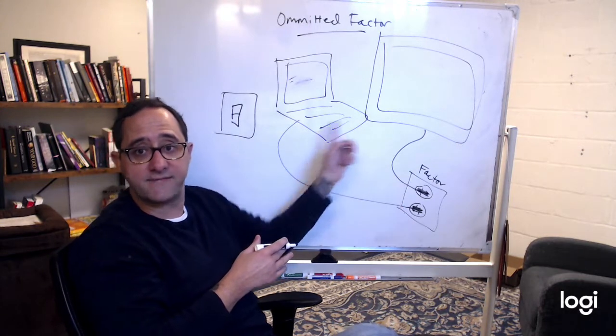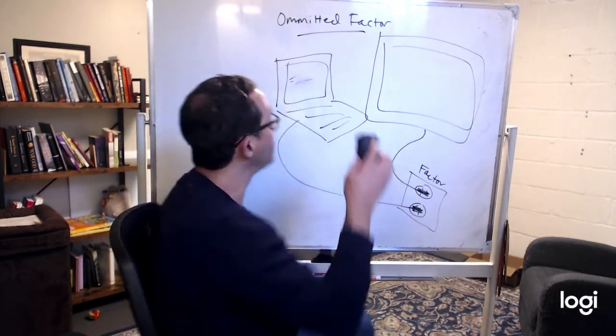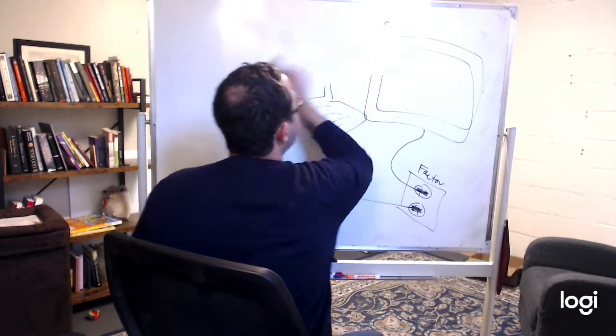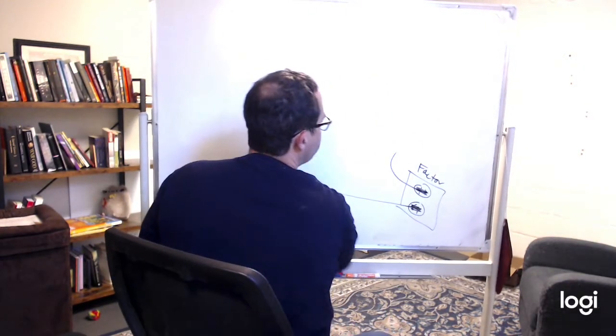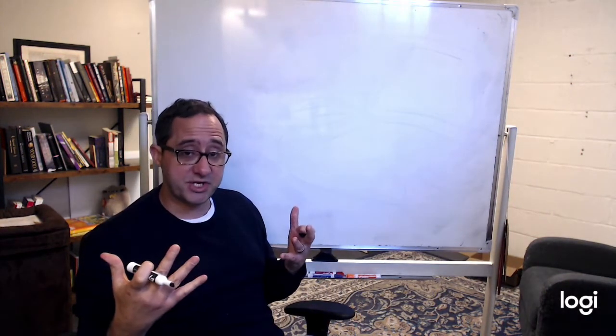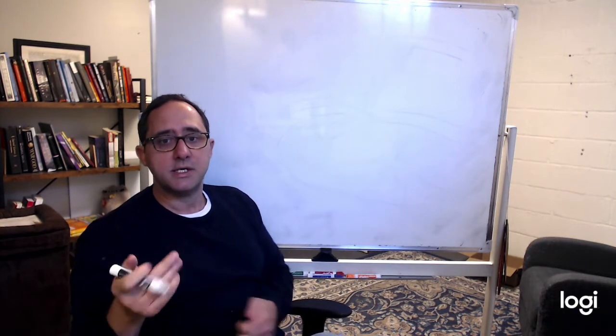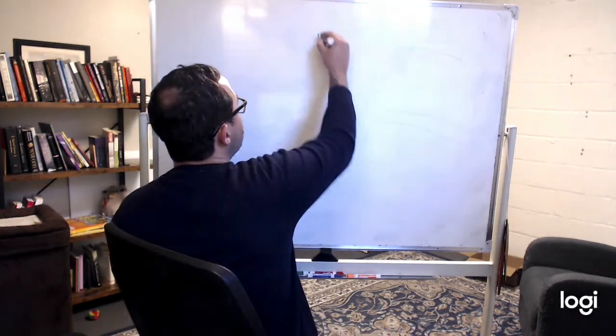But I'd omitted a factor. There's also another thing that can cause this, so the TV and the computer were correlated. They were related to each other because they were both plugged into the electricity. So there can be different types of correlation.